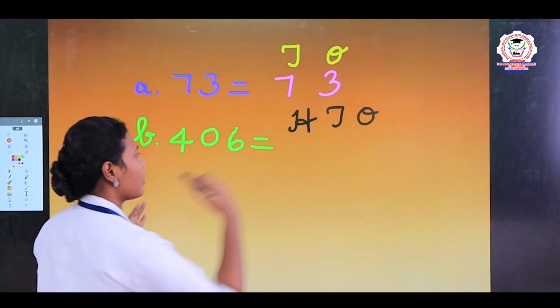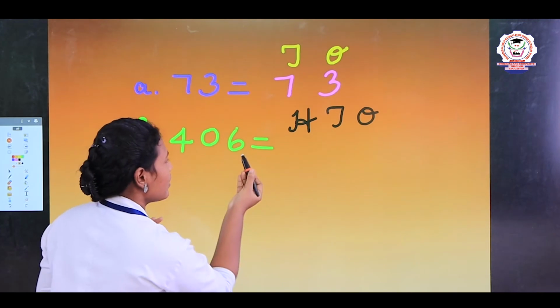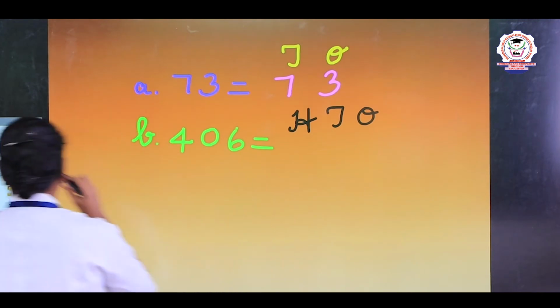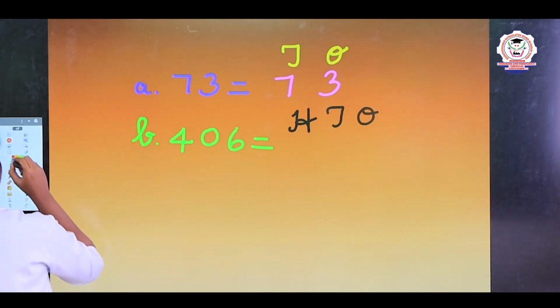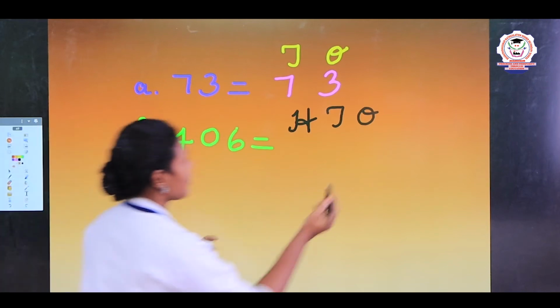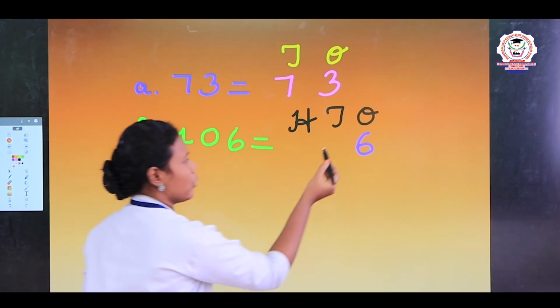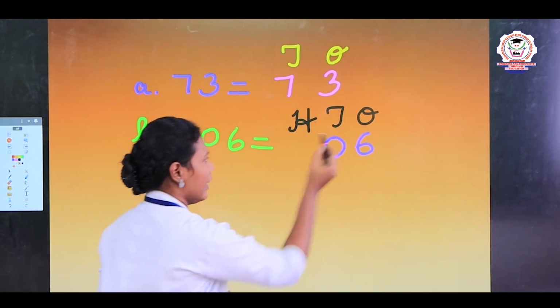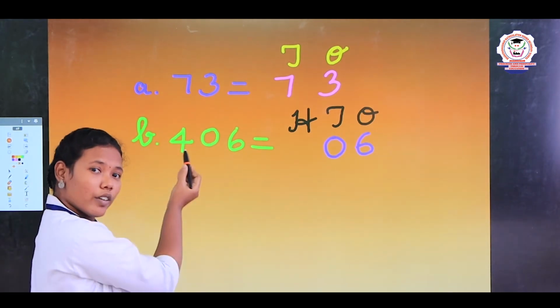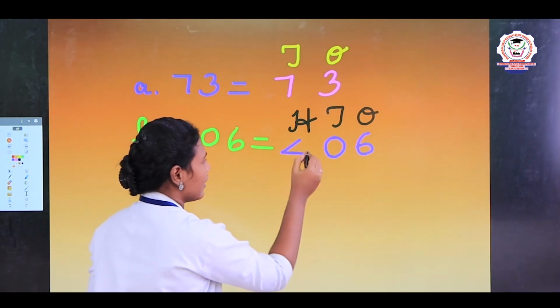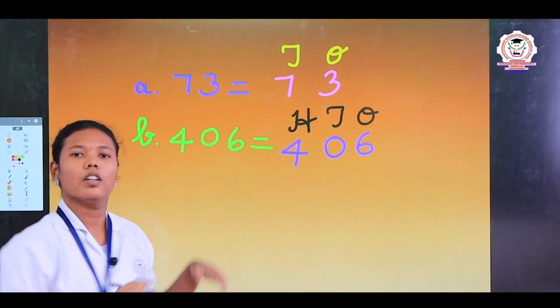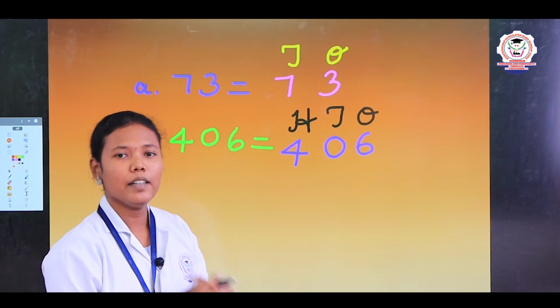As I told you, from the right side your first number is ones. Shall we take and write? So here 6 is our ones, 0 is our tens, and at last 4 is our hundreds. Very good. So in this manner we will write place value.